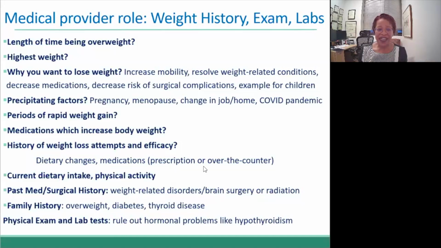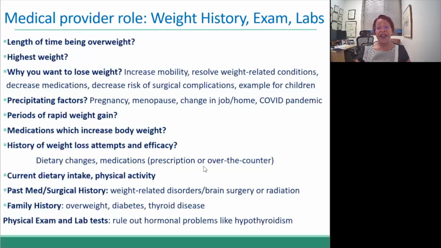If somebody has been overweight since the age of, they remember, 3 years old, that's a very strong genetic component, versus somebody who, after a change in where they worked or lived, started to drive more, maybe spent more of their leisure time reading books instead of being active, something like that. That gives you a different sense of what might be contributing.